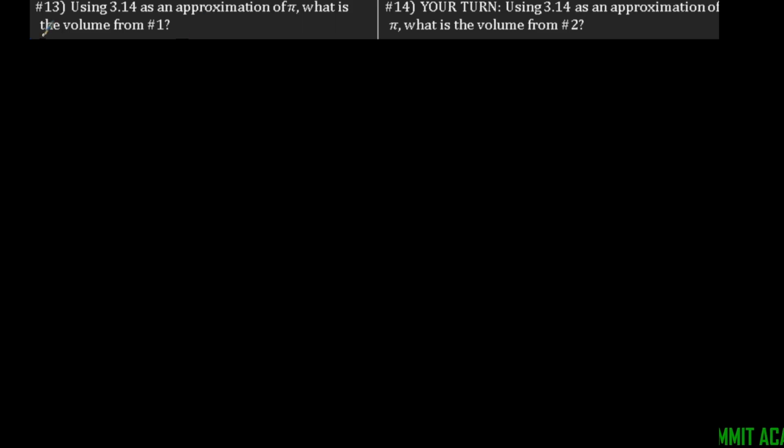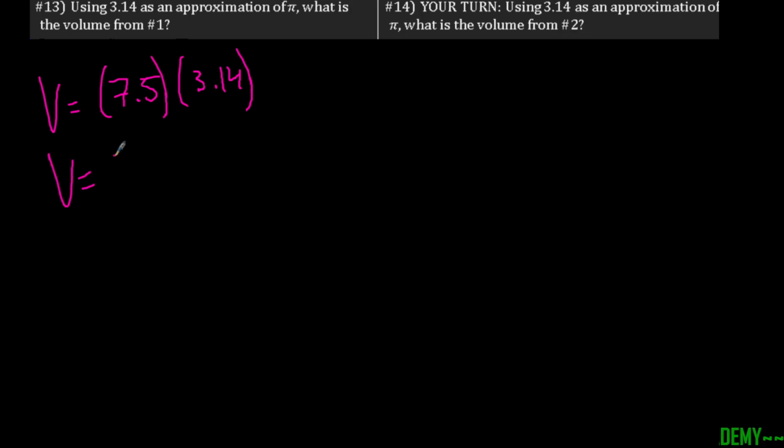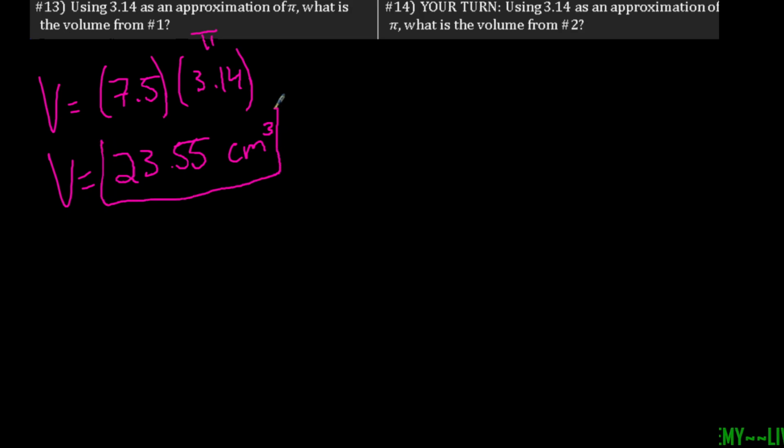So V equals 7.5 times 3.14. And when we multiply it out, V equals 23.55. Again, this was pi, so we don't need it anymore. Centimeters cubed. So just make sure that you're multiplying it out very carefully for yourself.